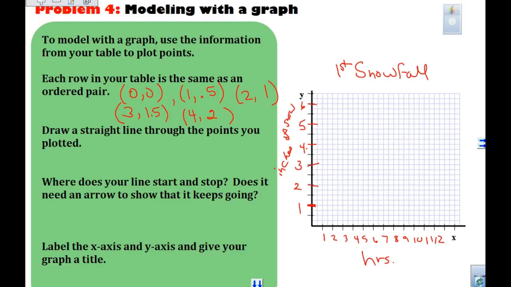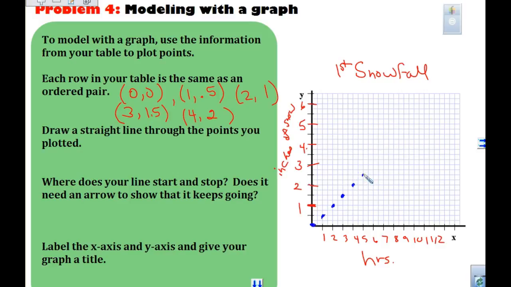So if we are plotting our points, at 0 was 0. At 1, we're going to be at a half. So at 1, we want to go to 1/2. That's going to be this point. At 2, we're going to go to 1. At 3, we're going to go to 1.5. 4 is at 2. If we keep going, 5 is going to be at 2.5.